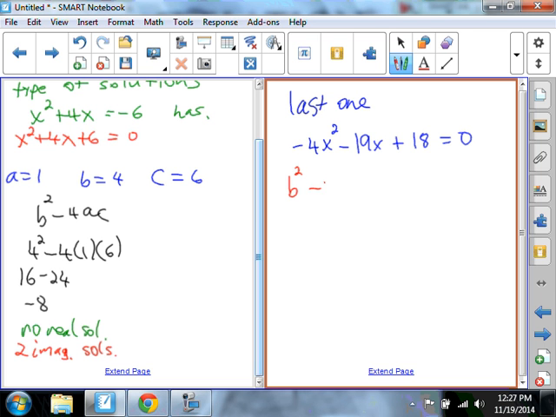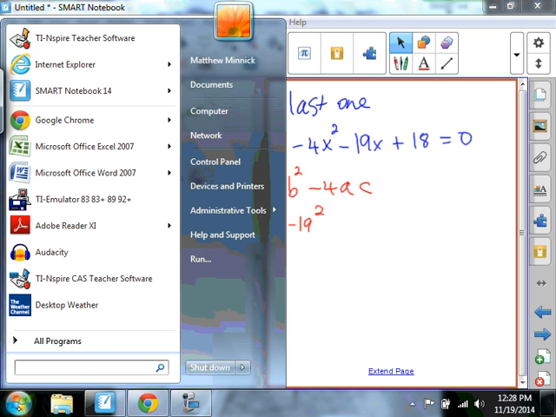B squared minus 4AC. So what's my B value? I'm hearing people say 19, and it's not 19. It's -19, and a lot of people are going to do that. And a lot of people don't remember the perfect squares, so they're going to use the calculator.